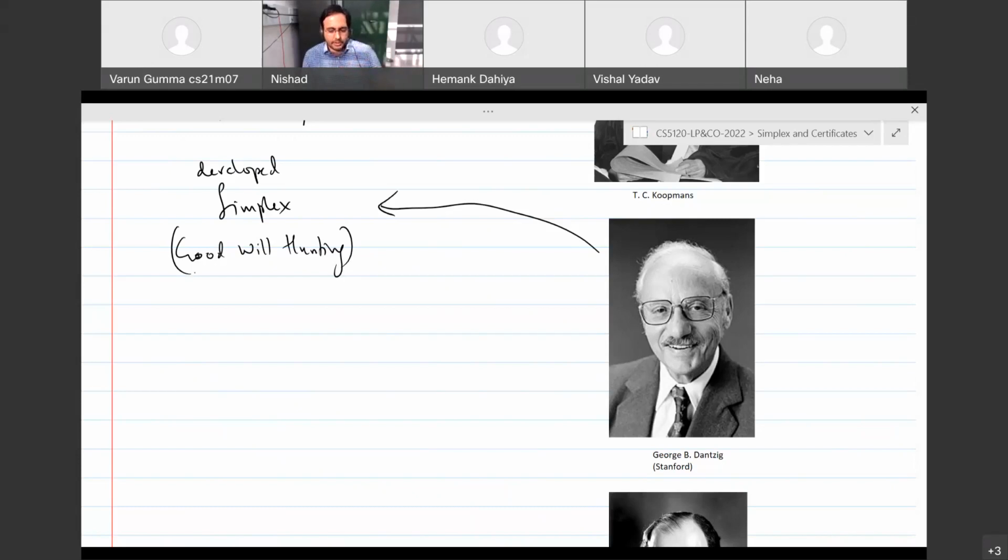A few things about George Dantzig: he was born to Jewish parents in Portland, Oregon, and his father was a mathematician and a linguist, and his mother was a linguist. As a young person, he was already very interested in geometry, and his father, being a mathematician, was able to nurture that interest.